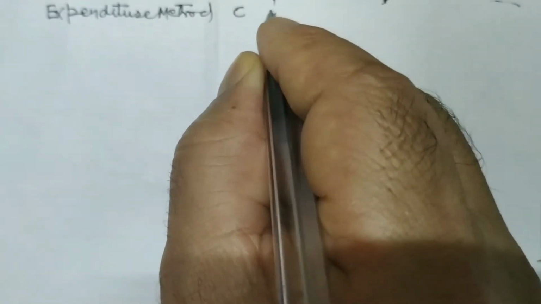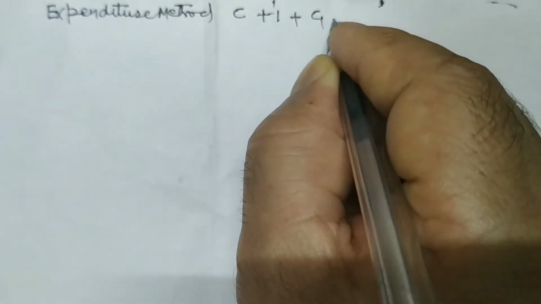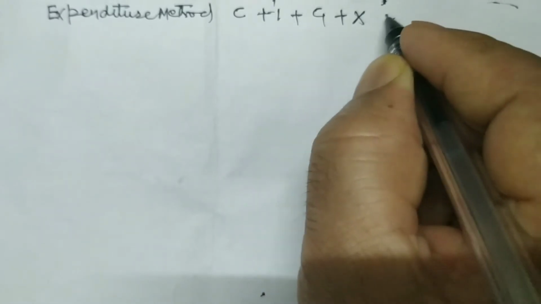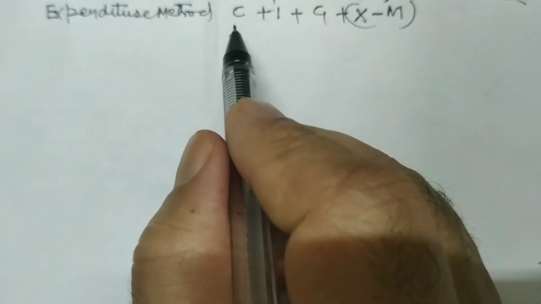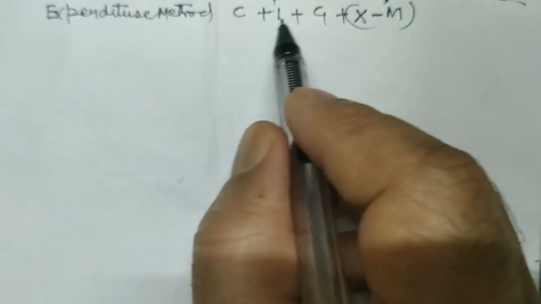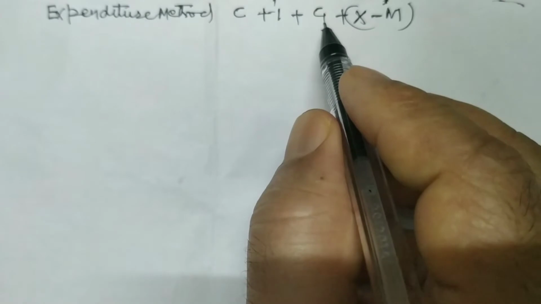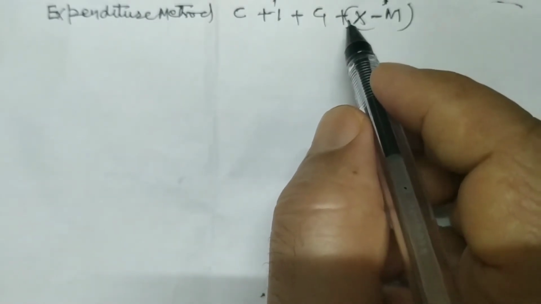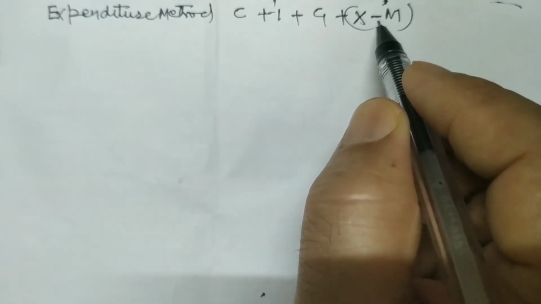In expenditure method, we are mainly concerned with C plus I plus G plus X minus M. C stands for consumption, I stands for investment, G stands for government, and X minus M is the difference between export and import.